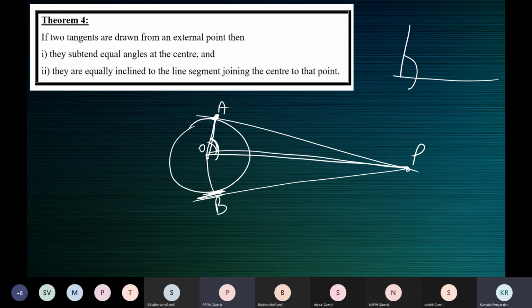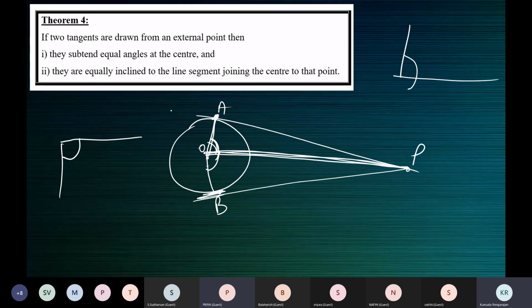Join B to O and P to O. That's already there, but I'm just doing it over it. When you join B to O and P to O, this is the angle subtended by the tangent segment BP at the center O.